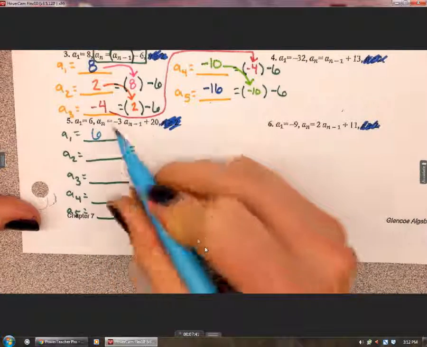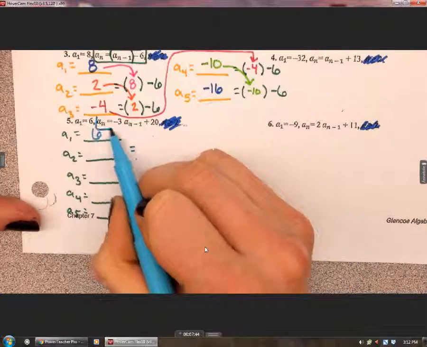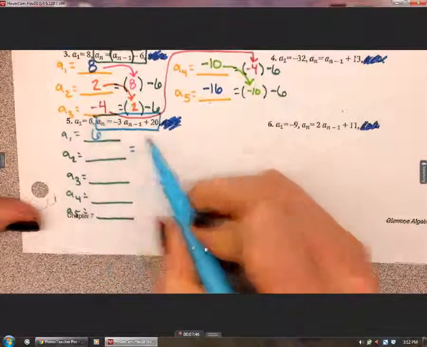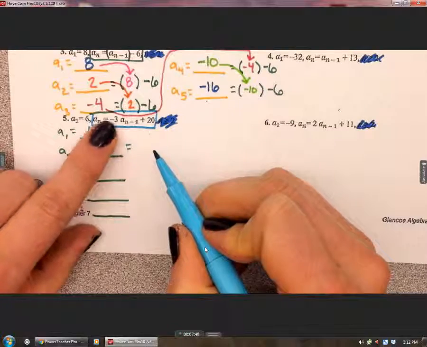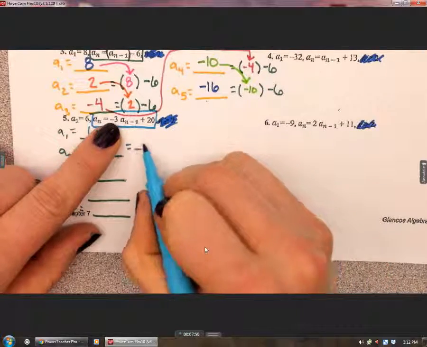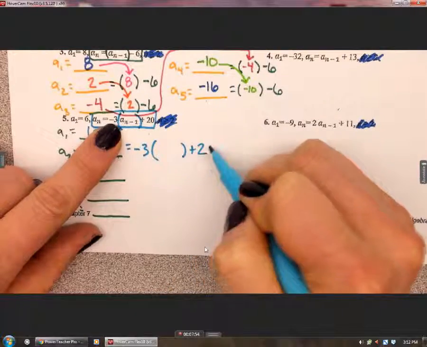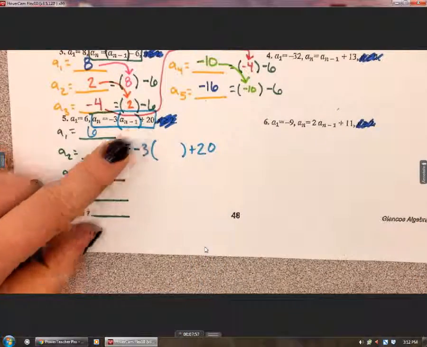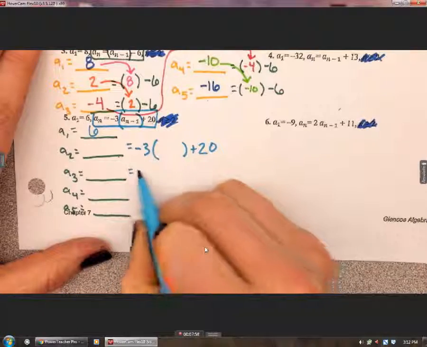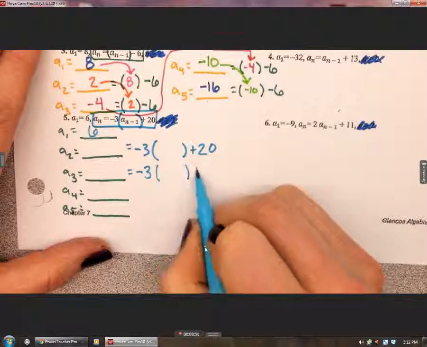This time we got to look at our equation. What's going on here? We have A sub n equals, after the equal sign, it's negative 3. Here's what I put in parentheses. Don't forget the plus 20. Equals negative 3 parentheses plus 20.